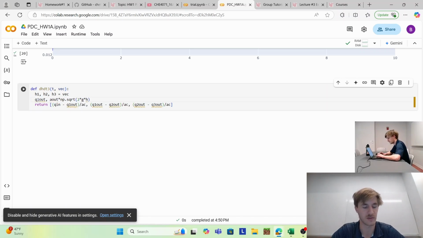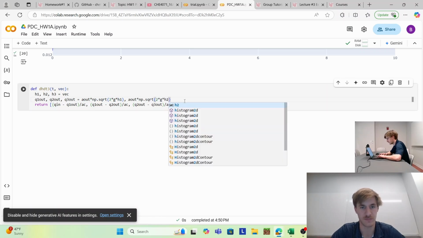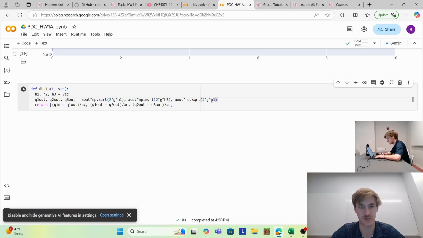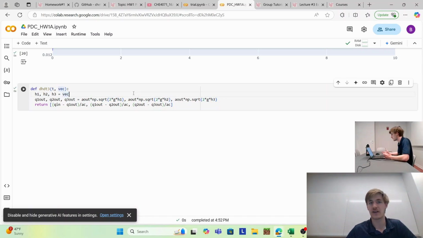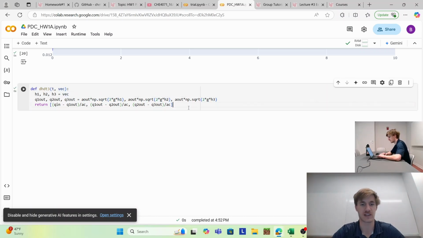Q1 out, Q2 out, and Q3 out are our three flows. And we'll just use this same expression, but with H1, H2, and H3. Right. So now that'll give 3 tanks over time.